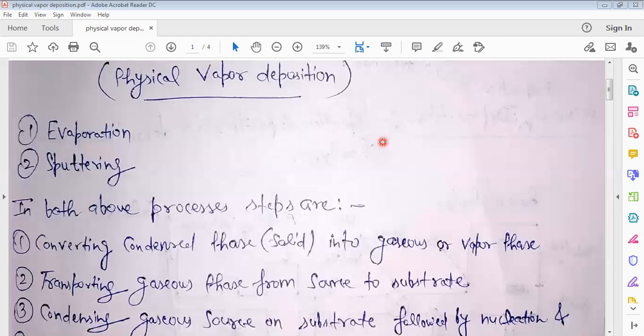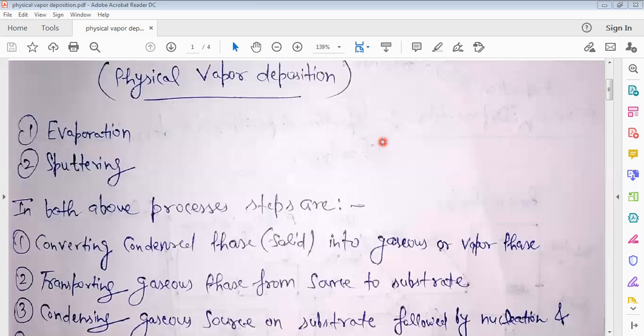How will you convert solid into vapor? Here you want heating. Some means of heating is required in both processes. Once the metal is converted into vapor phase, it is transported from the source, where the metal is present, to the substrate where you want to deposit it.